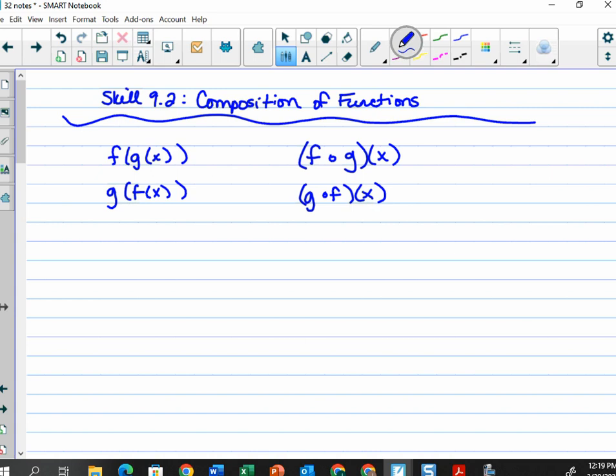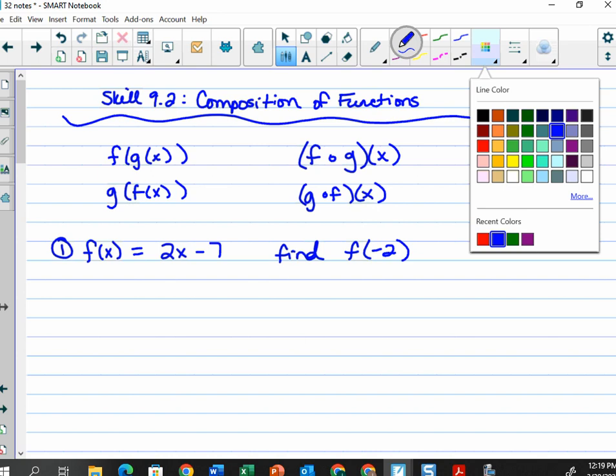All right, first one, we're going to start easy. f of x equals 2x minus 7. Find f of negative 2. So guys, give it a try. Do you remember how composition works?